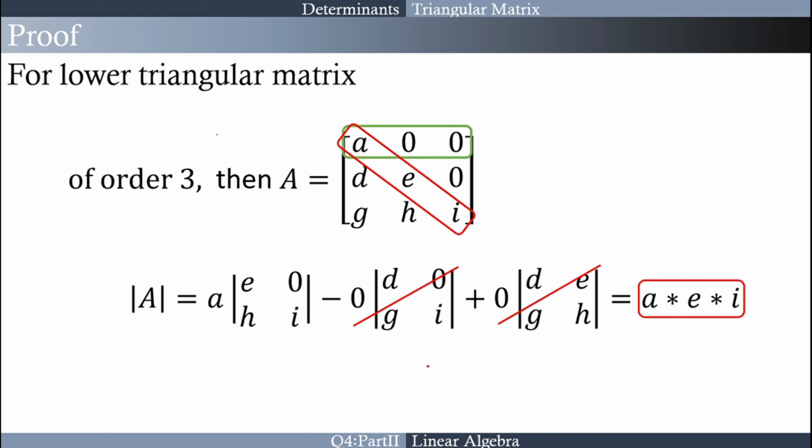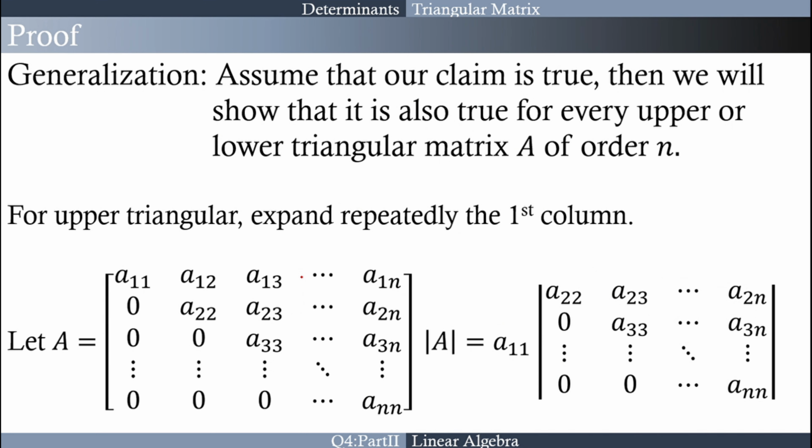After observing the basis for our claim, let's generalize our proof. Assume that our claim is true, then we will show that it is also true for every upper or lower triangular matrix A of order n. Take note that it's a matrix A of order n, and we'll use an upper triangular matrix to show this. We'll just have to expand repeatedly along the first column.